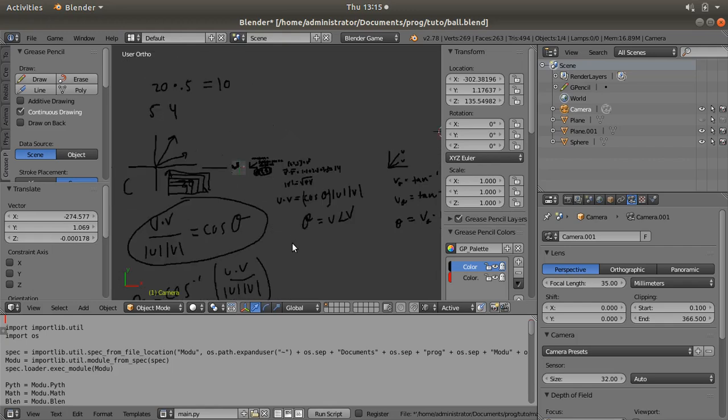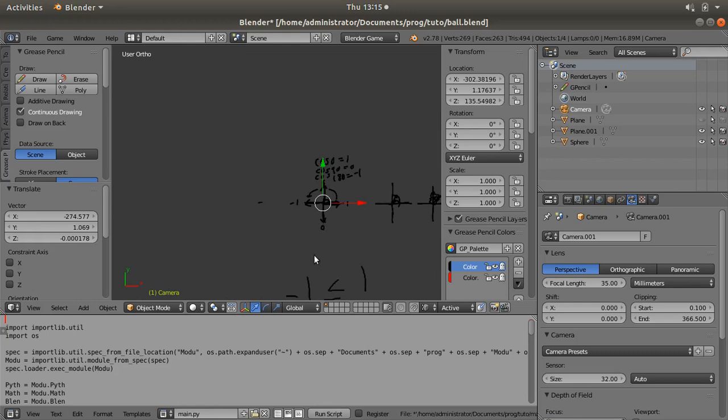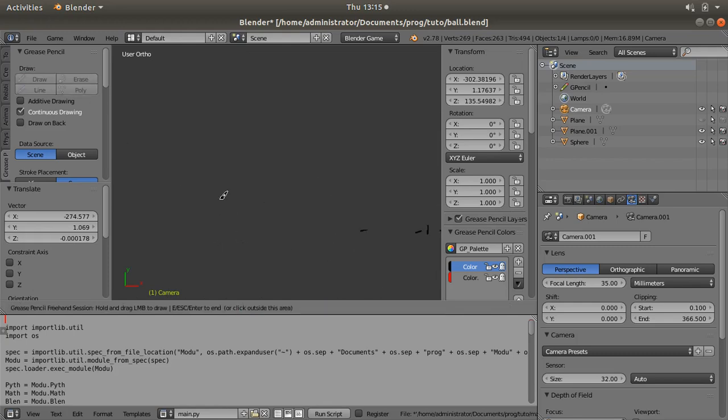I'll show an application of the dot product. Say I was making a game and I have an enemy and he's facing this way, and I have a player and he's here.